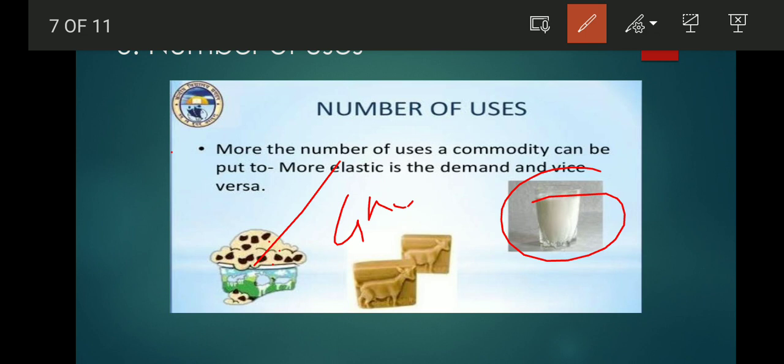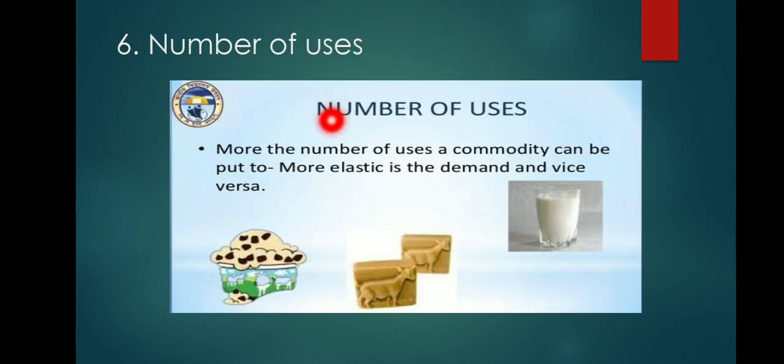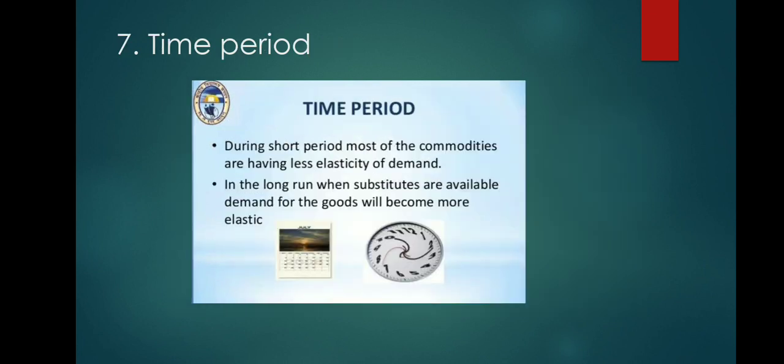So if the price of milk gets lower, we may buy more of it because we can make many things from it. Hence, the more the number of uses of a commodity, the more elasticity in demand, and vice versa.